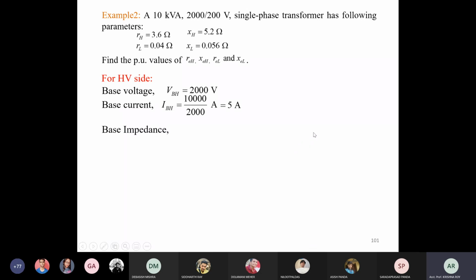Now you can calculate base impedance, that is VBH by IBH, which is 2000 by 5 ampere, or you can directly calculate this using another formula. What was that formula to calculate this ZBH?